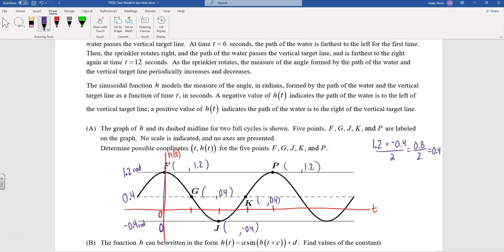Okay, they tell us that we started at a maximum, so that's t equals 0 right there. They tell us that t equals 6, we're furthest left. Is that maximum, midline, minimum? That's a minimum. So that's at 6. And then they tell us at 12, we're back over to the maximum point.